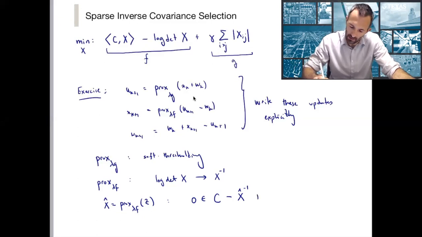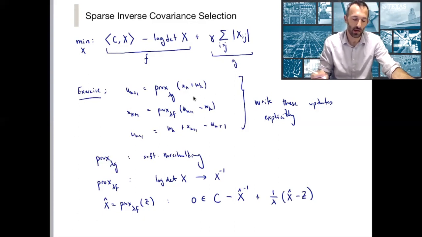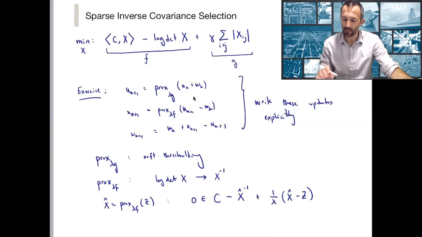Well, that's easy. That's my usual 1 over lambda times x hat minus z. And now the question is, how do I solve this? It takes some computational expense. You basically need to solve an eigenvalue decomposition on c minus lambda z.